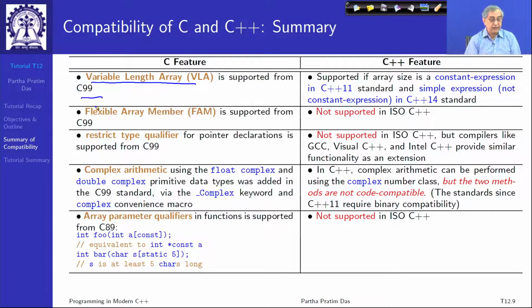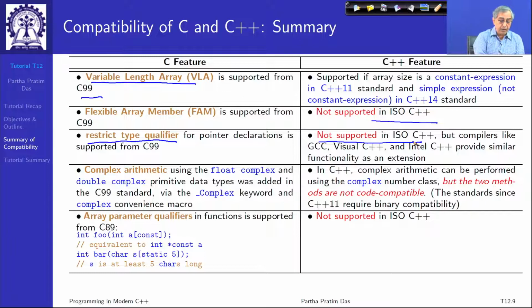It is possible in C99, it is not supported in any of the C++ dialects. Restrict qualifier, to say that a particular pointer is holding an object to which no other pointer is being held, is not supported in C++ standards.